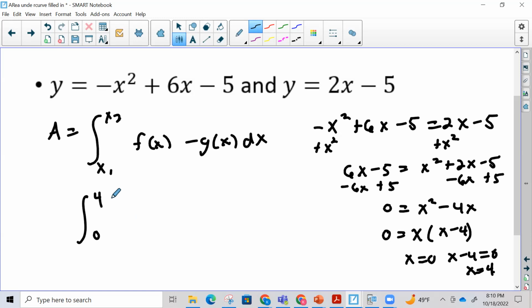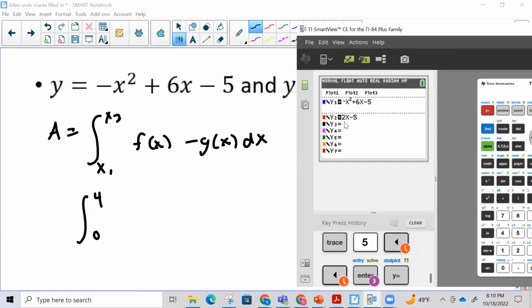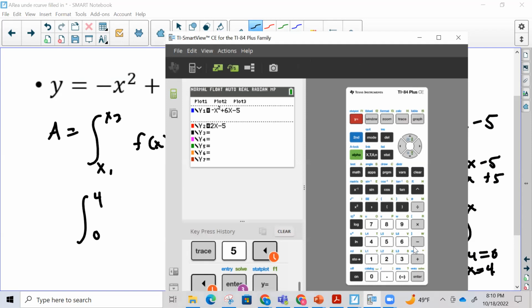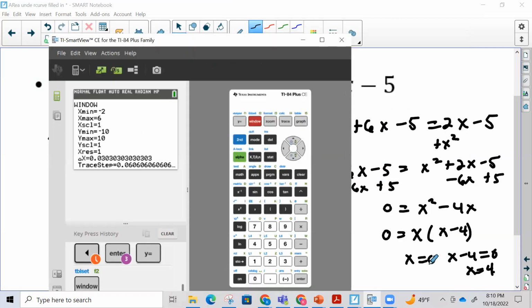And then to figure out which curve is on top, we generally look at the graph. So we're going to go to our y equals and put these two curves in, one in y1, the other one in y2, which I already did. For the negative, make sure you're using the negative sign and not a minus. If you use the minus, it will give you an error. From there, I went to window and I made my window so that my x values were a little bit less than 0 and a little bit more than 4, because I knew that was the region I was focused on.